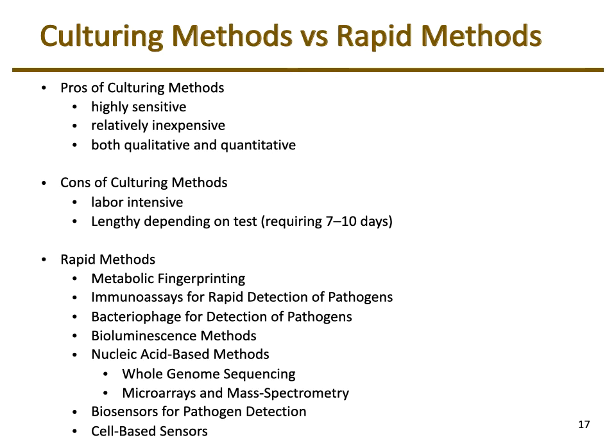The cons of the traditional culturing methods is that it's labor intensive and it's lengthy depending upon the test to get results. And again, if we're talking about a food product, a food product has to be held until it's found to be free of microbes or safe to consume. And if for some reason someone did the test the wrong way, you're potentially looking at having to recall or lawsuits and such.